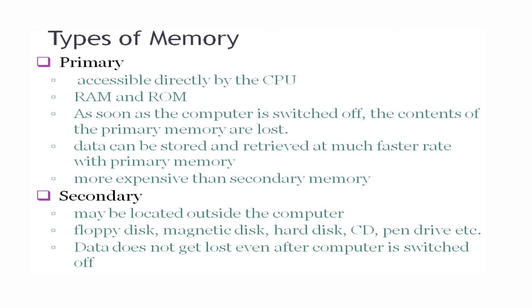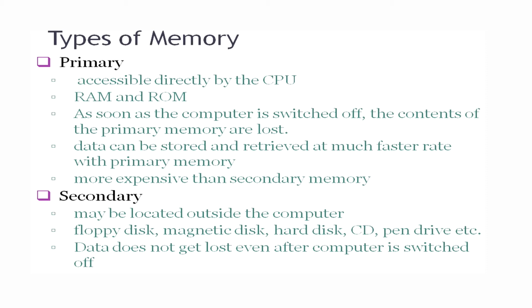This is one of the major reasons why we moved on to secondary memory storage. Data can be stored and retrieved at a much faster rate because it is inside the CPU, directly connected with the CPU. So that is why the data retrieval rate is much higher in case of primary memory, and it is more expensive than the secondary memories.